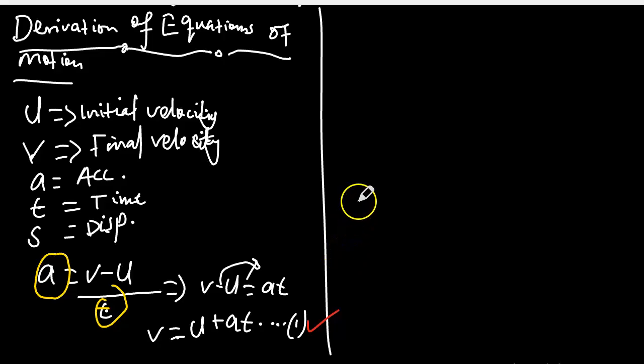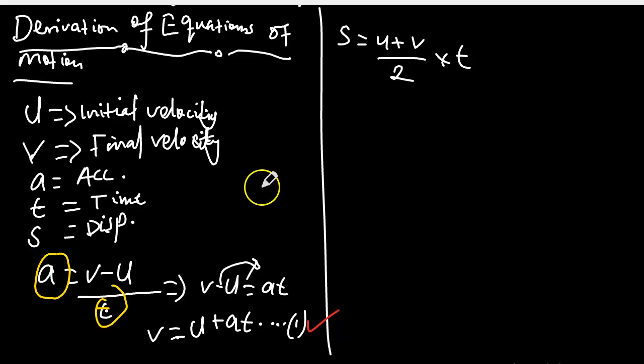The second equation of motion is talking about average velocity. So the average velocity will be given as s equal to, in this case we add them, u plus v, and we take the average, divide by 2, then multiply this by the time that it takes to cover the distance.